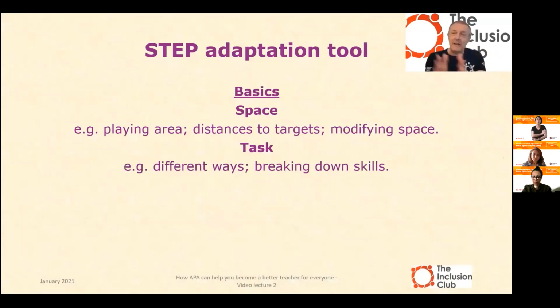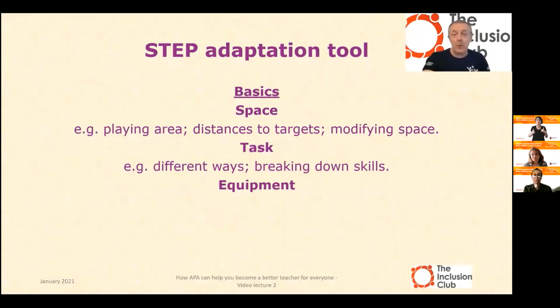So different individuals, based on their function, might do things differently. And it's okay if that's what they do. We might also, under task, break skills down into smaller component parts so that young people who are developing skills can assimilate those tasks more easily.